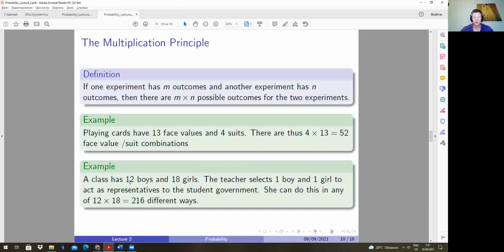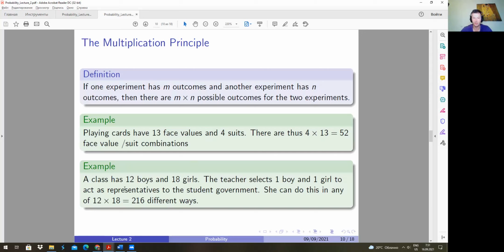Or here, if you have 12 boys, 18 girls, and the teacher selects one boy and one girl to act as a representative, we need to know the number of all possible arrangements of these boys and girls. Of course, it is not possible to construct all these arrangements by hand. You just want to calculate how many distinct arrangements there are.